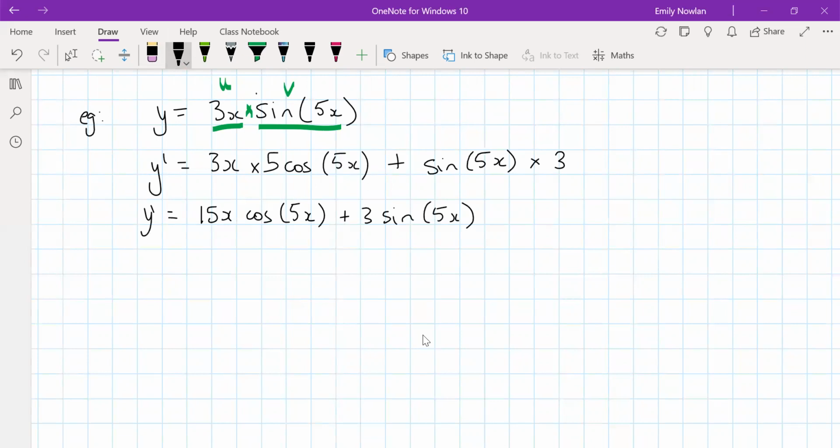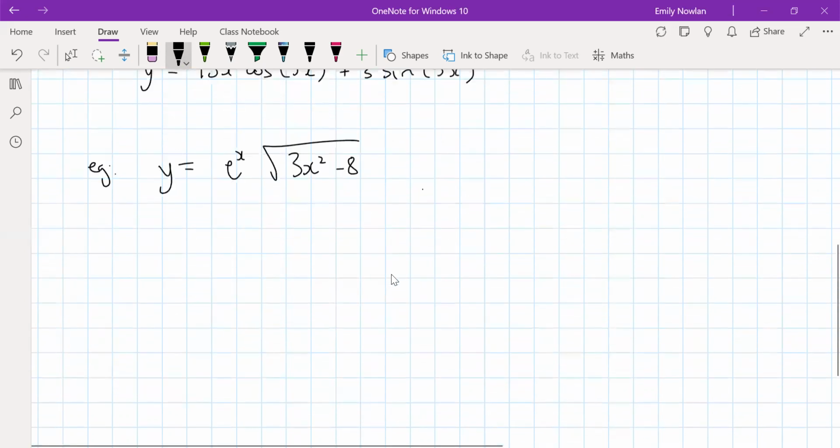Okay, let's do another example. What if we had something a little bit more complicated? Let's take something like this. Y is equal to e to the x, and then I've got the square root of 3x squared minus 8.